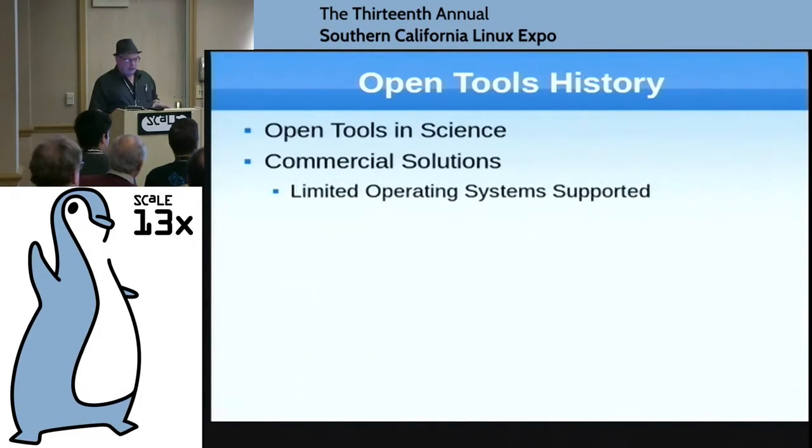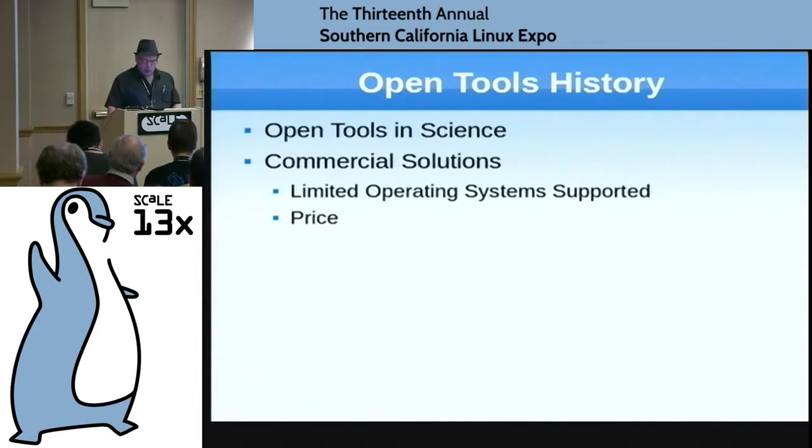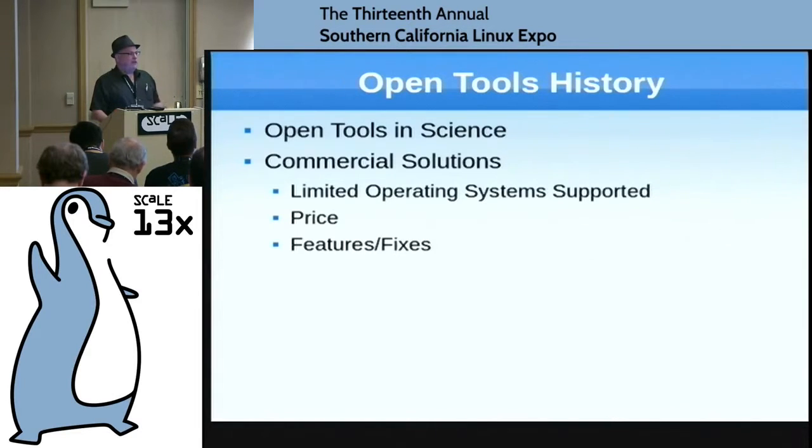These all have some limitations. For instance, a lot of them only support a single operating system, which is a big, big minus, especially if you're using Linux and open source. The other is price. Most of these are extremely out of the budget for most makers and hobbyists, so these are out of the question price-wise. And, of course, we have to look at the features and fixes.